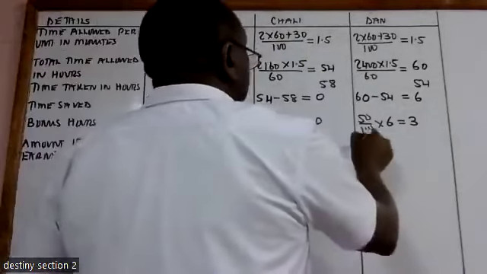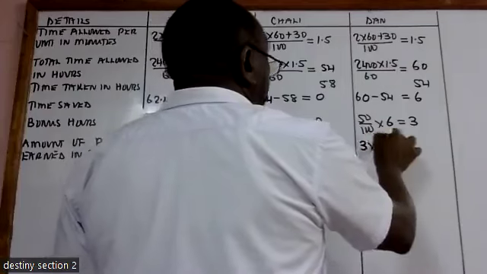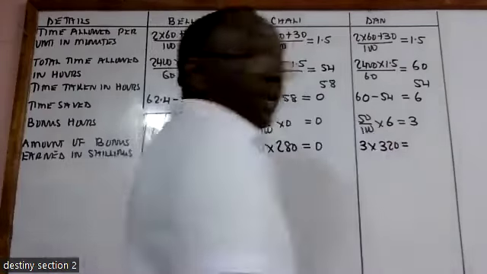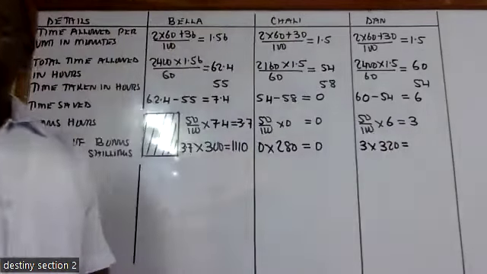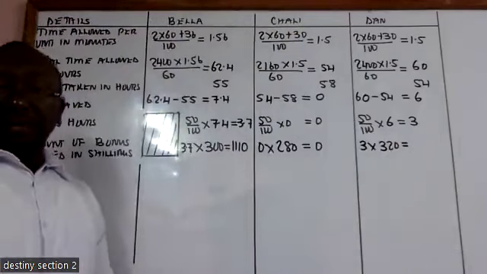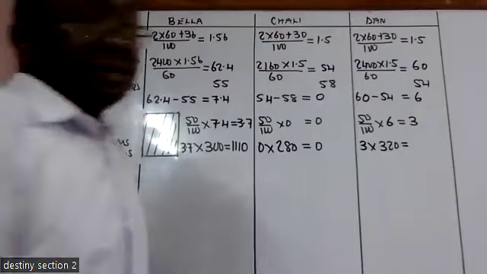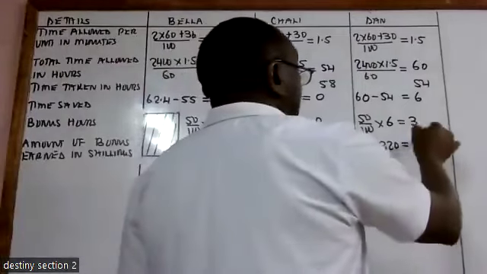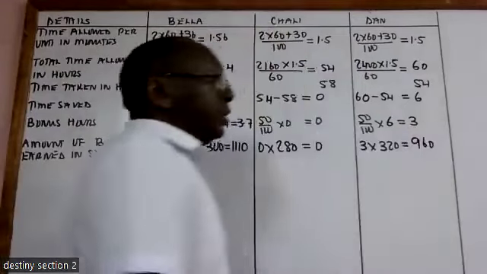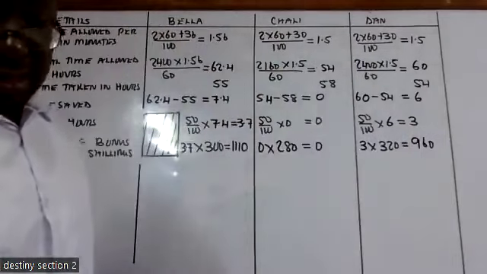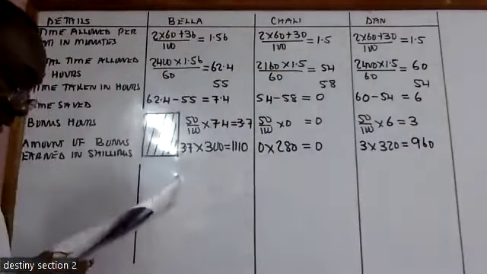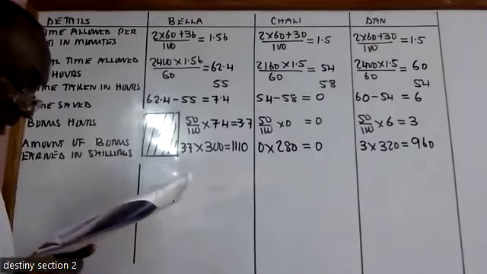So it is 3 times 320. Tell me what is the figure there? 3 times 320 is what? 960. That is what we have there. So I think we have answered that.